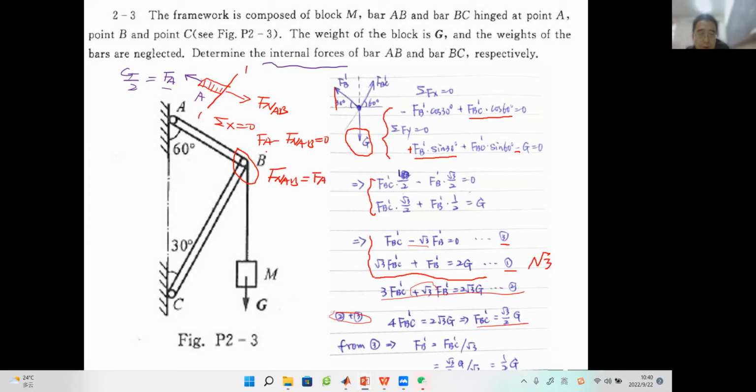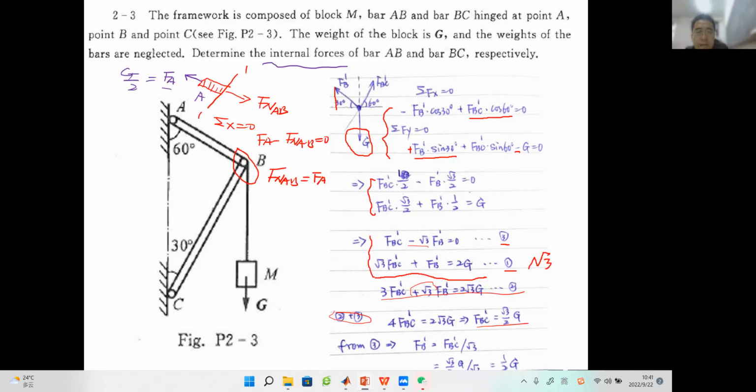That's why we only select AB as an object to be studied, because we can find the internal force indirectly. I just introduced this principle to you guys, so other times we do not do this again. We only need to select this as an object to be studied.